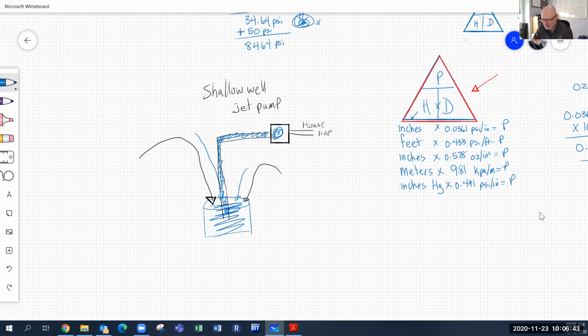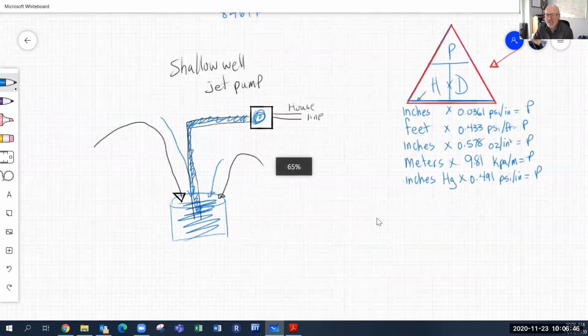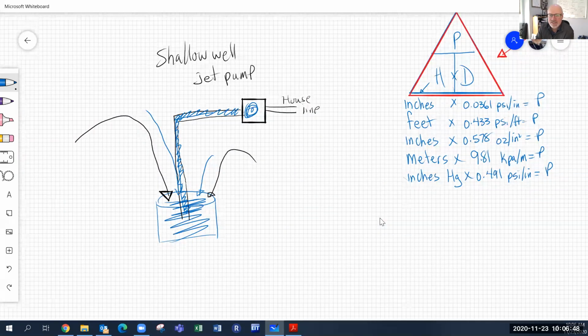So our amount of suction we can get is always according to atmospheric pressure. If I had atmospheric pressure at sea level at 14 psi, which is a standard number that we need to know, and I wanted to know how many feet of lift I can get from standard pressure, I would simply divide that by 0.433 psi per foot.